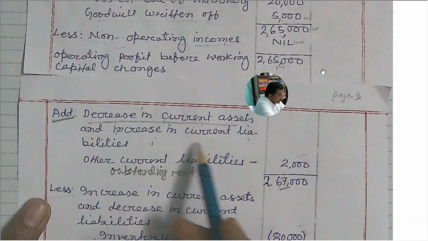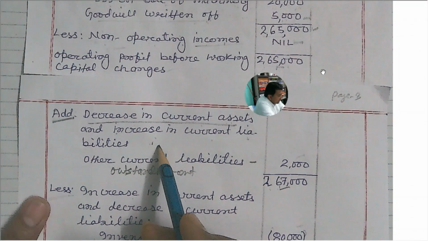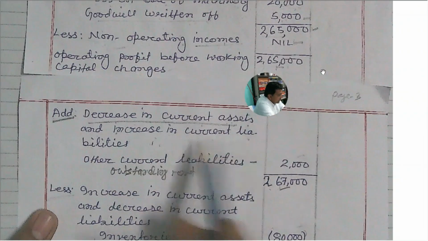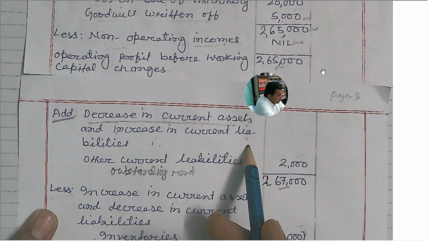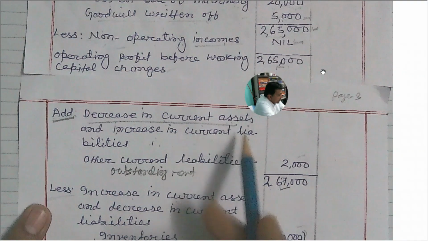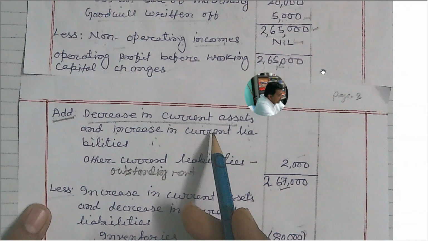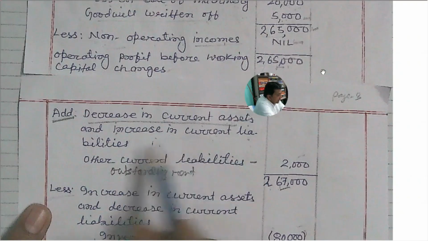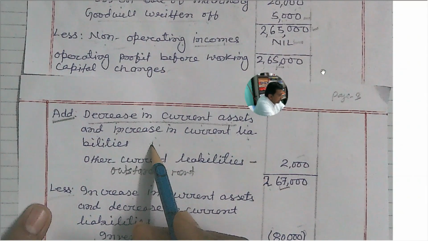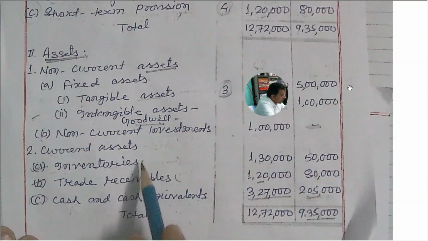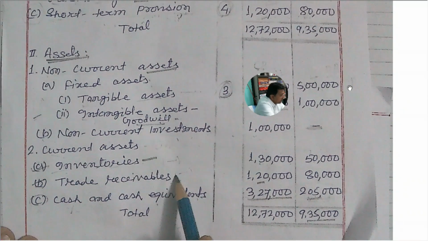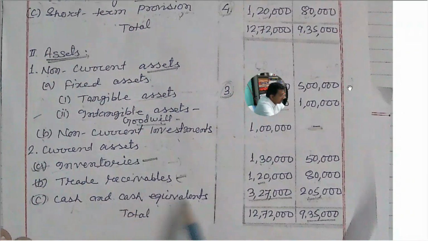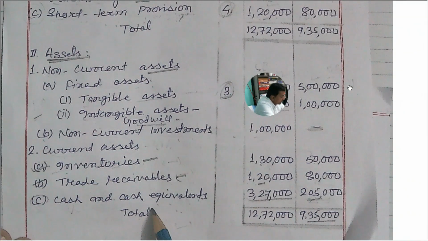We exclude cash and cash equivalents and marketable securities here. Other current assets, if they decrease in the given question, then we write them here. The current assets are these two, inventories and trade receivables. Cash and cash equivalents will be taken at the bottom of the solution.